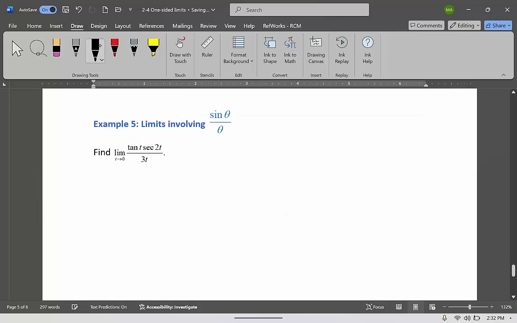Okay. Sometimes we're going to have to do a little bit of trigonometric manipulation here.